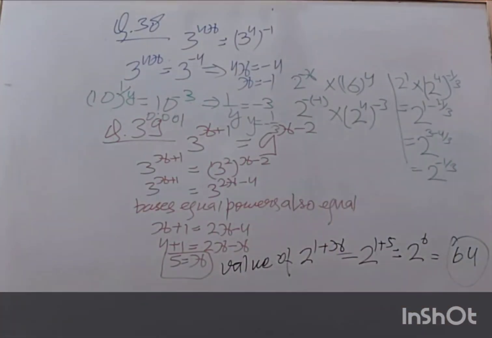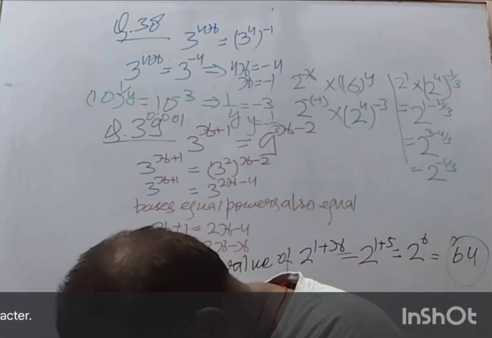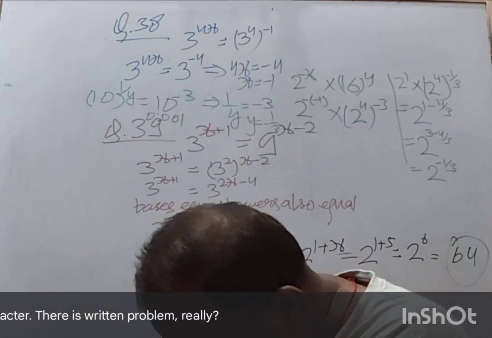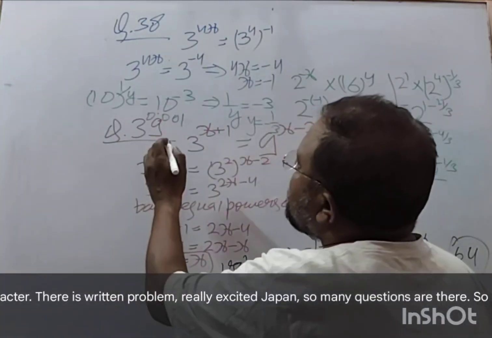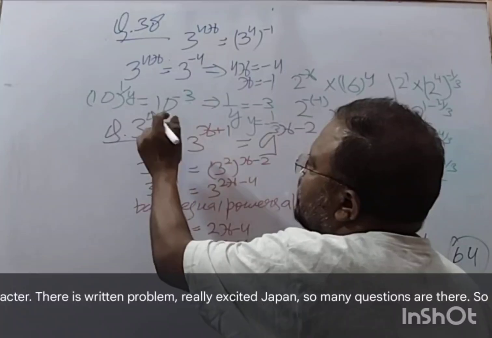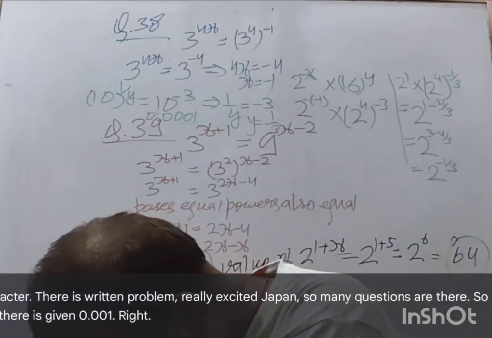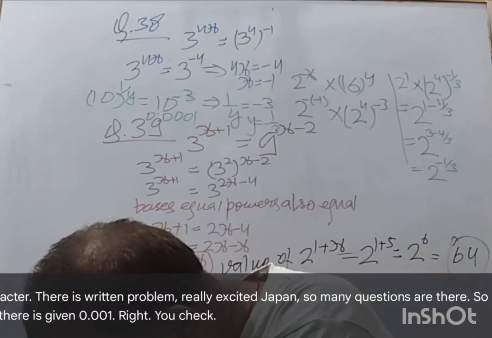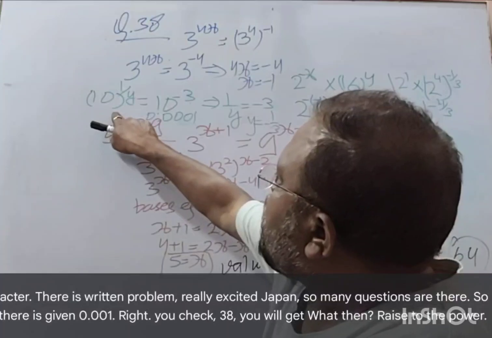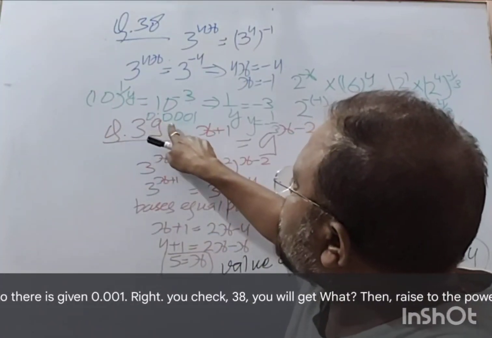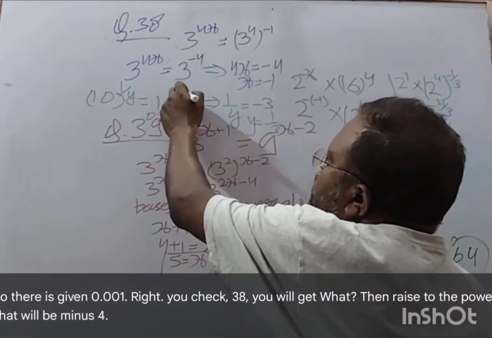I wrote the correct one, sir. The problem is that so many questions are there. So it is 1 upon y is equal to 0.001. You check 38, you will get 10 raised to the power 1 upon y is equal to 0.001. So that will be -4. Right?